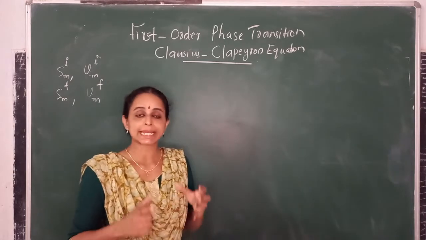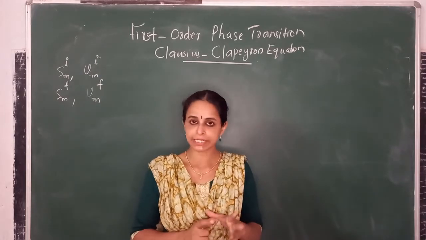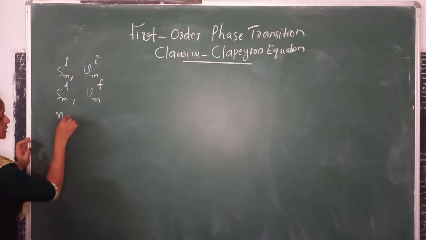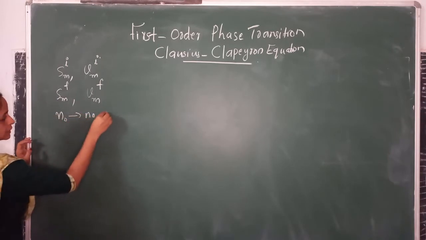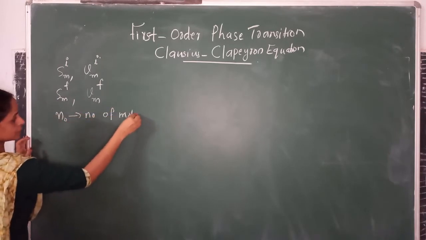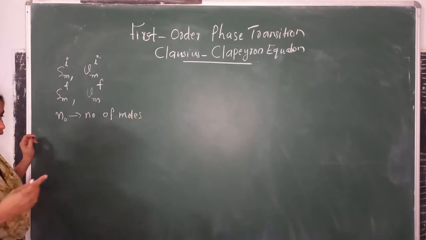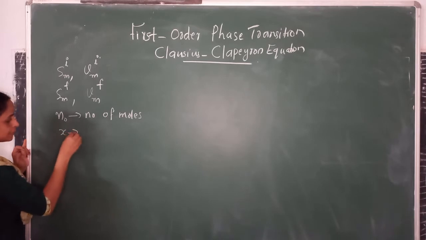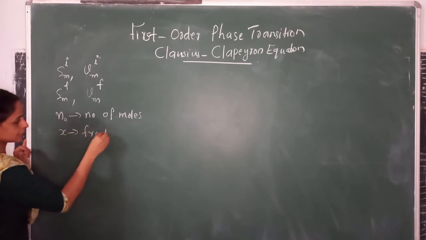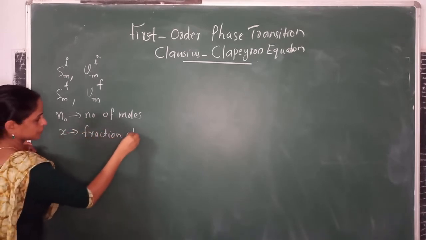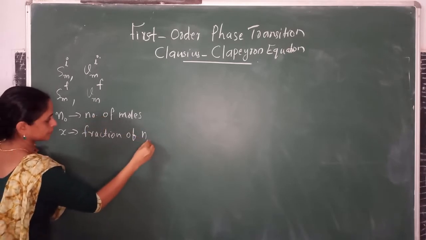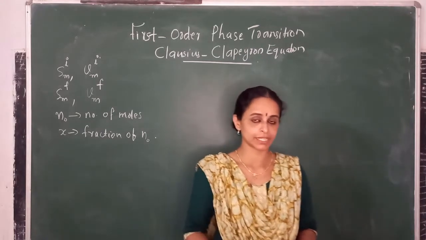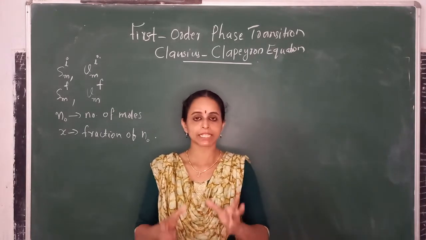Say there are n0 moles initially present. A fraction of these n0, that is x, is transformed into the second phase, the final phase, at a particular moment.